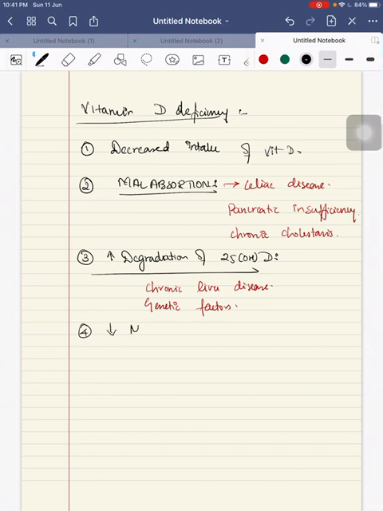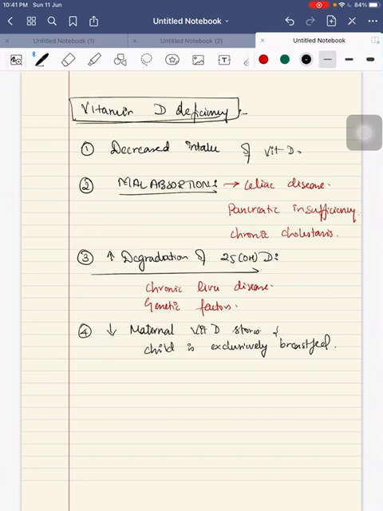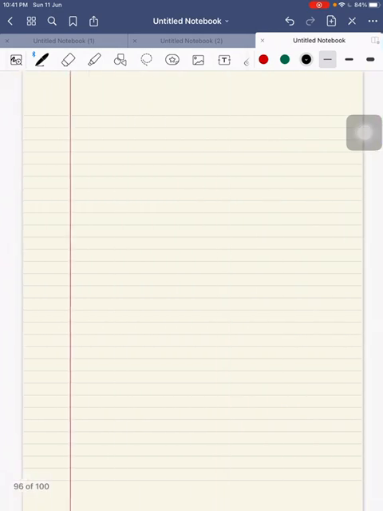Another one is when there is a decreased maternal vitamin D stores and the child is exclusively breastfed. This also can cause vitamin D deficiency. Okay, these are the nutritional causes of vitamin D deficiency.